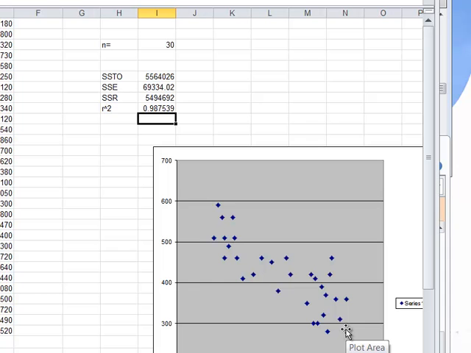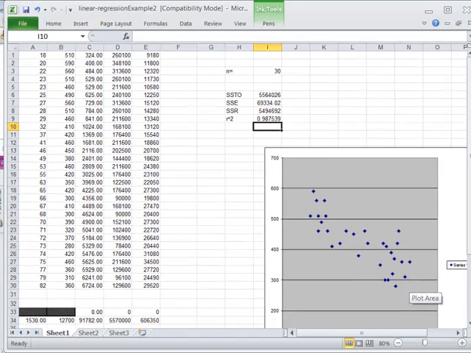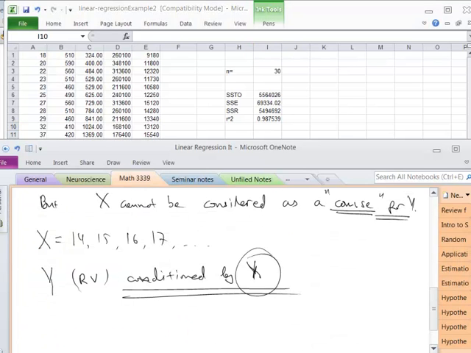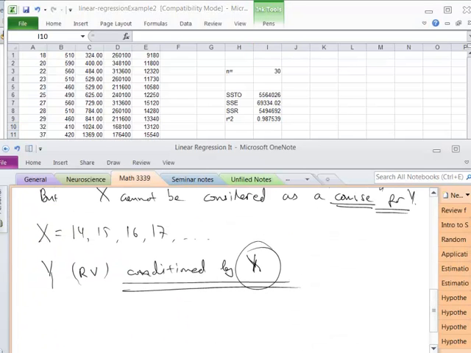As the values of x change, the values of y change. The values of x don't seem very random to me. It seems as if there's a knob and you're turning the knob, x takes its values, and y therefore takes values too.